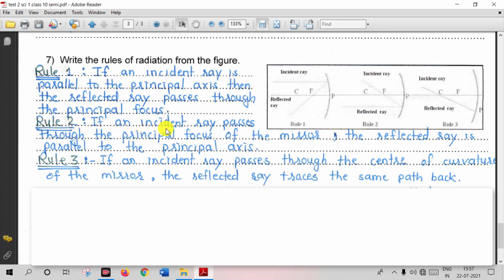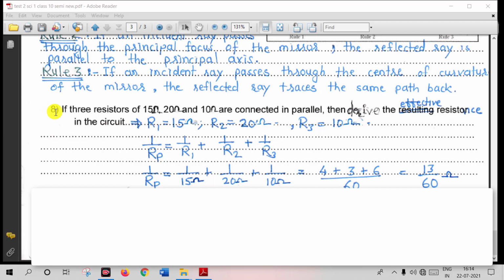If an incident ray passes through the principal focus of the mirror, the reflected ray is parallel to the principal axis. And rule 3. If an incident ray passes through the center of curvature of the mirror, the reflected ray traces the same path back.